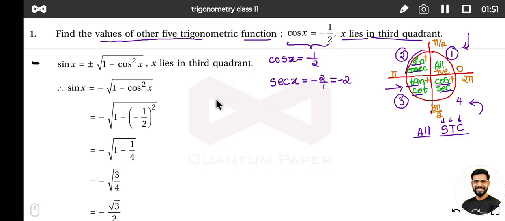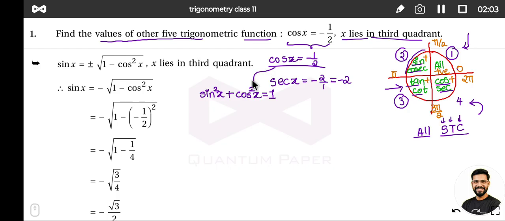So let's apply the trigonometric identity. Sin square x plus cos square x is equal to 1. So we know the value of cos x, we will substitute here. So sin square x plus, cos x is minus 1 by 2, so minus 1 by 2 the whole square is equal to 1.